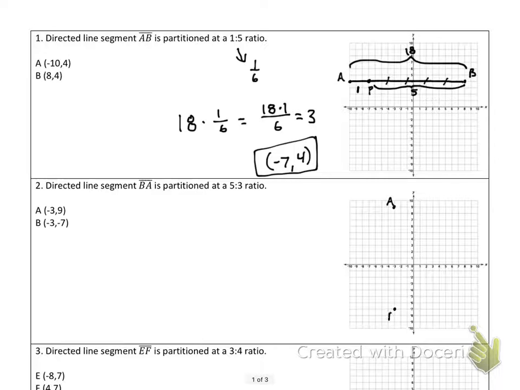So here is your line. And we are going to convert the 5 to 3 into a fraction. What's that going to be? 5/8. If you know what you're doing, just go ahead and go through the process on your own.